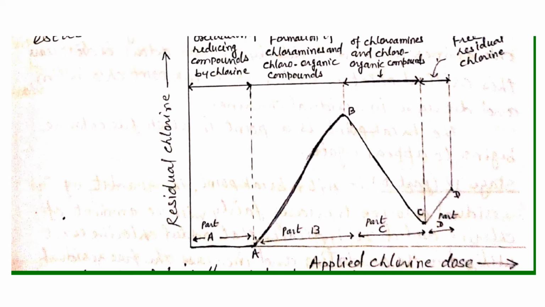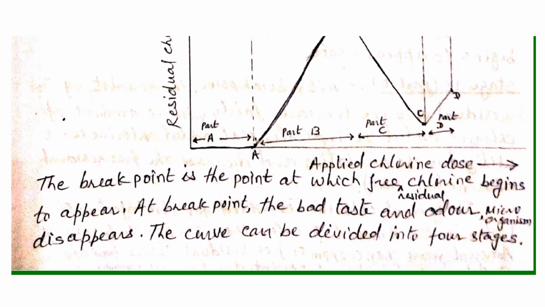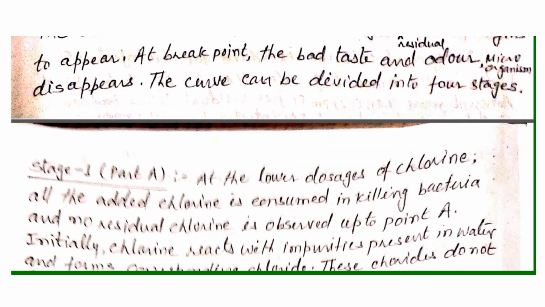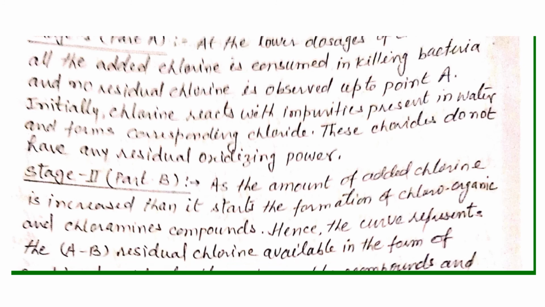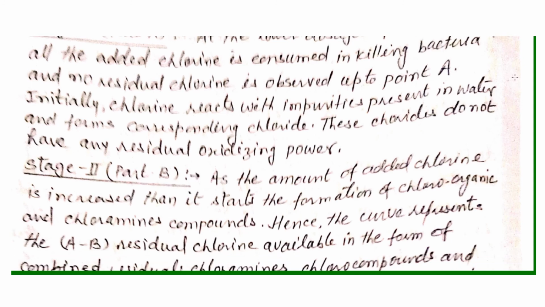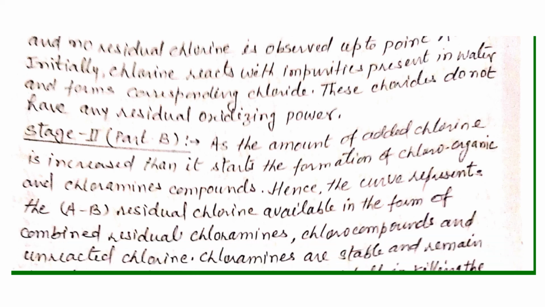So hoping that you have understood the topic very well, and in exams this often comes: what is breakpoint chlorination and what is its importance. Now, keeping all these facts in mind, you can write on this topic very well.